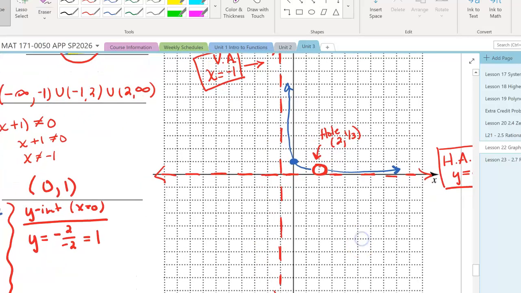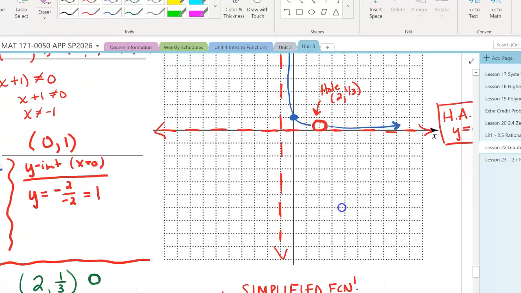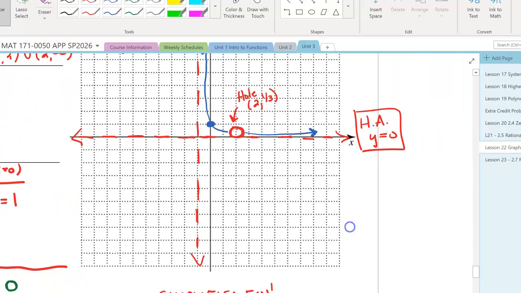But I need a couple points over here. So I used a few points to the left of -1. So I used -2, -3, and -3/2. And when I plugged in -2, I got -1. When I plugged in -3, I got -1/2.